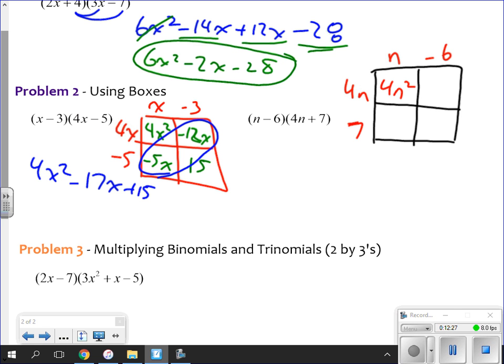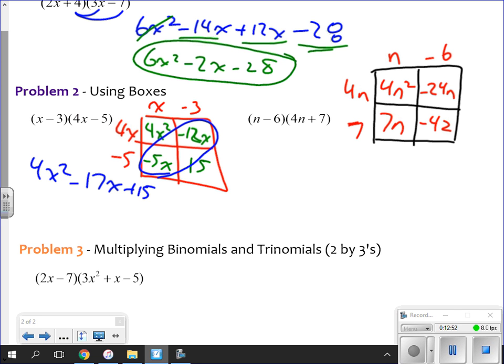So you get 4n squared, minus 24n, 7n, and negative 42. And once again, if you have them on different sides, just the middles, the two diagonals will be switched, but the numbers are the same.